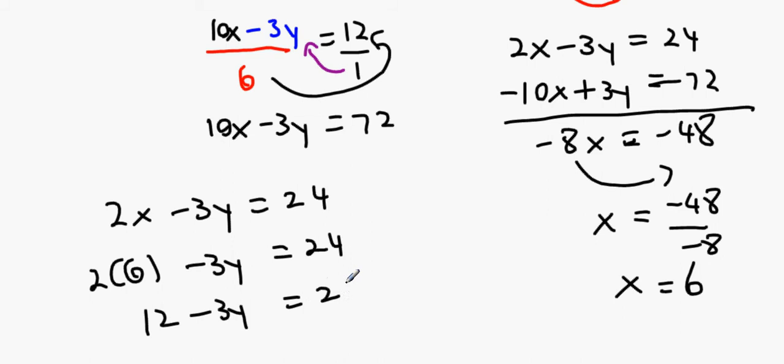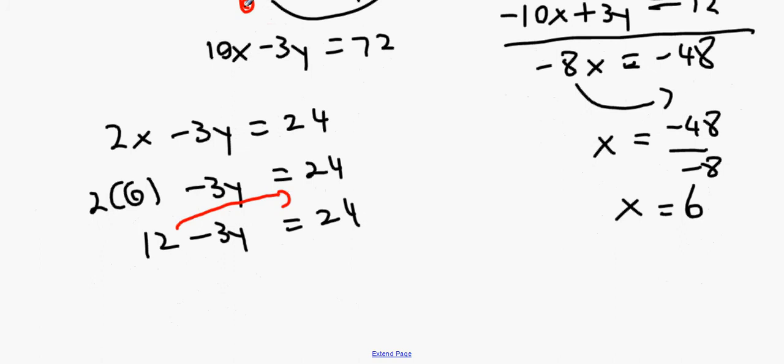We want to get the 3y on its own. So what we're going to get is minus 3y is equal to 24. Plus 12 changes to minus 12 when it goes on the other side. So minus 3y equals 12.